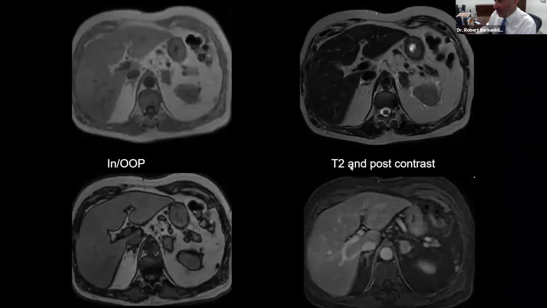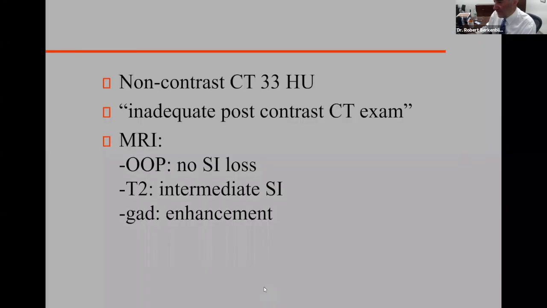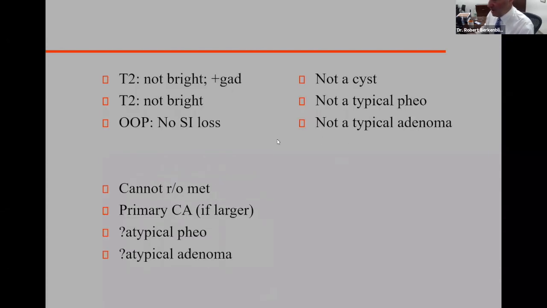They went on for an MRI that showed no signal loss on opposed-phase imaging, intermediate signal on T2, and enhancement on post-contrast. We can see T2, it's not bright, and it enhances, it's not a cyst. It's not bright on T2, not a typical pheo. At opposed phase, there's no signal loss. It's not a typical adenoma.